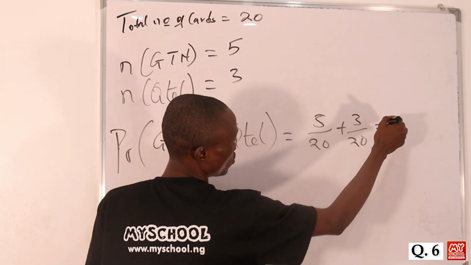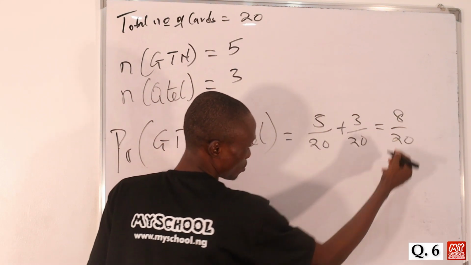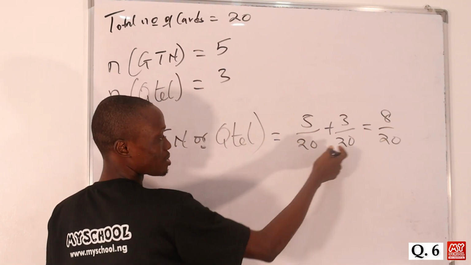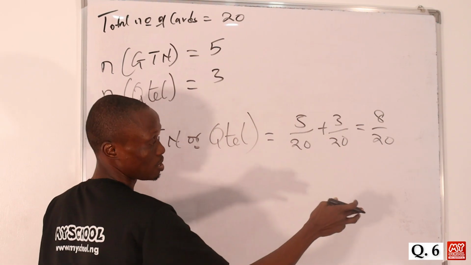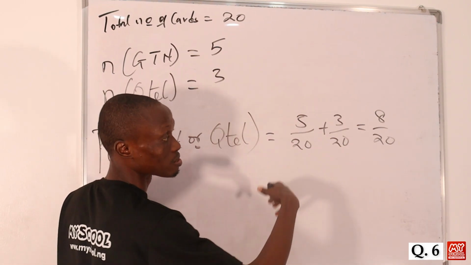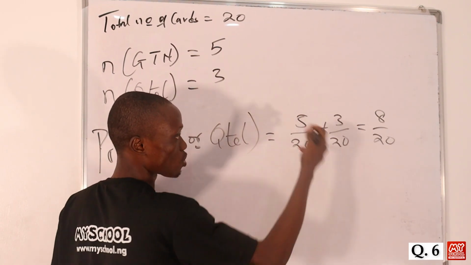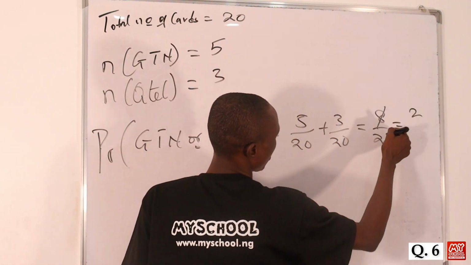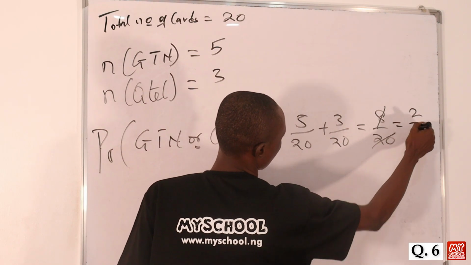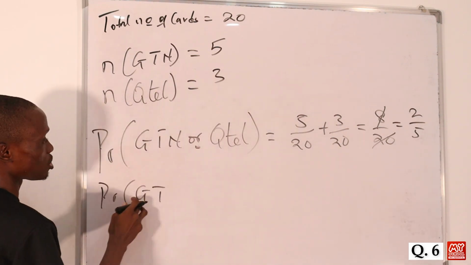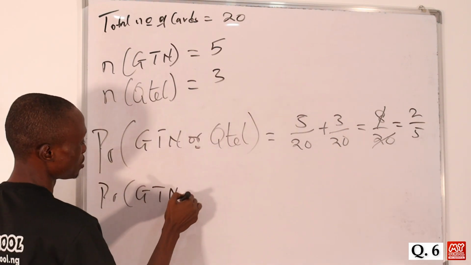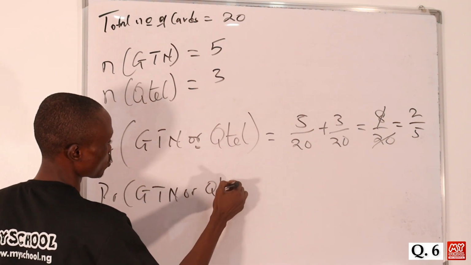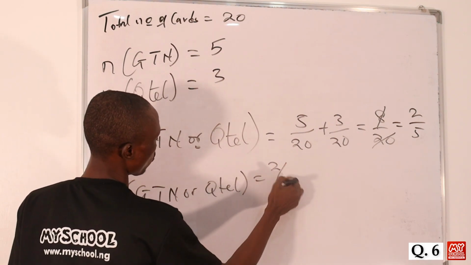This will be equal to 8 over 20. The reason is that since the denominators are the same, we just add the numerators. So 4 goes into 8 twice, and 4 goes into 20 five times. So the probability of picking a GTN or QTEL card is equal to 2 over 5.